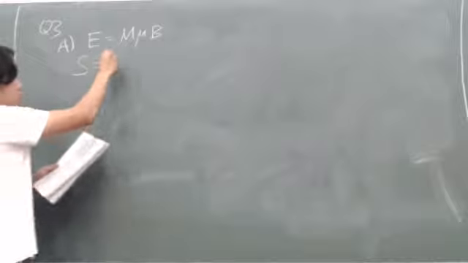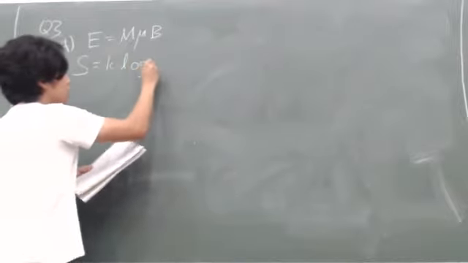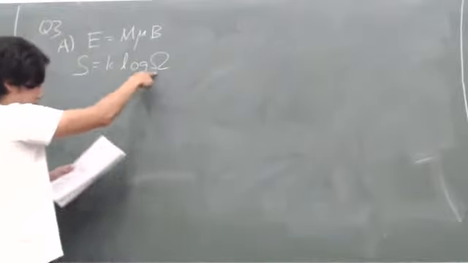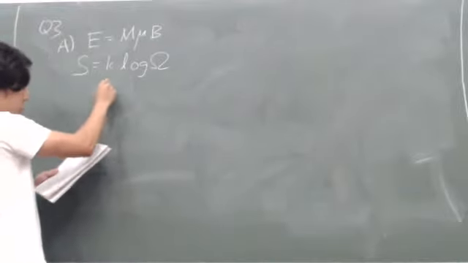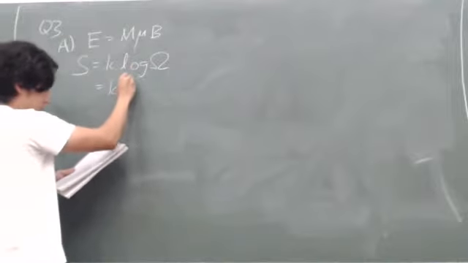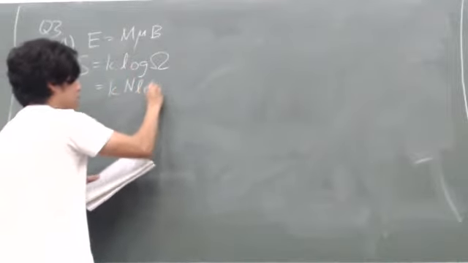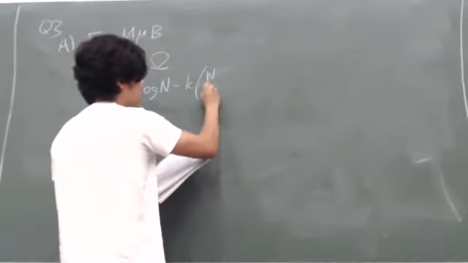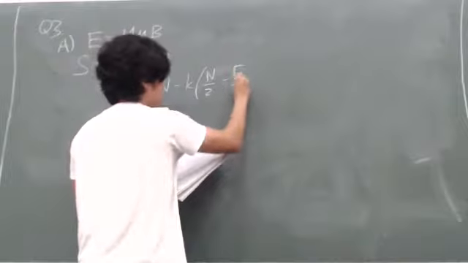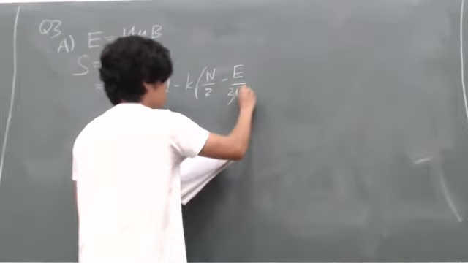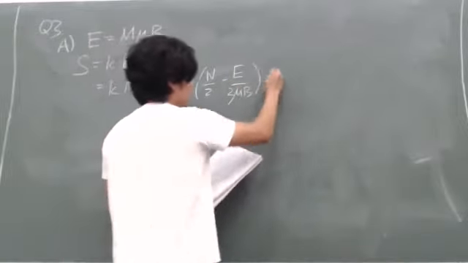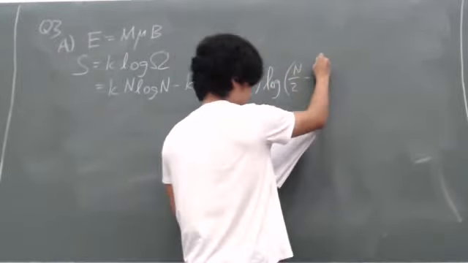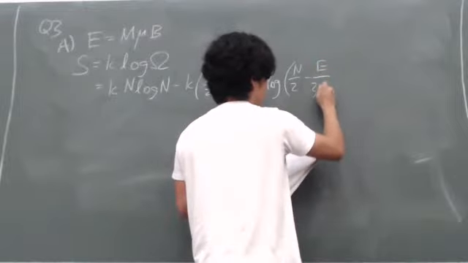You can work out the entropy quite easily. Entropy is k log omega, and for the spin state you can write this log omega. So let's write the whole entropy as k N log N minus k N on 2 minus E on 2 mu B, log of N on 2 minus E on 2 mu B, minus k N on 2 and so on.